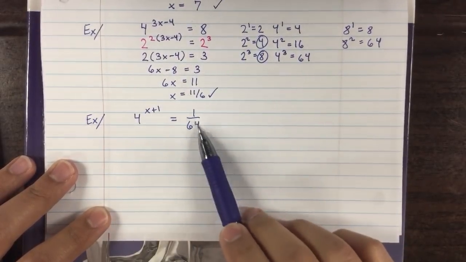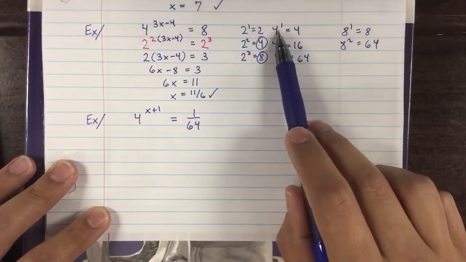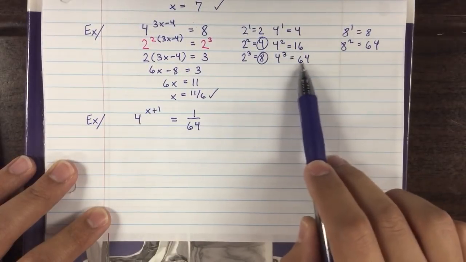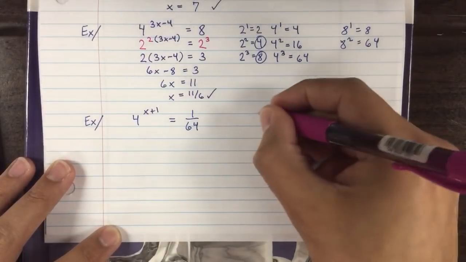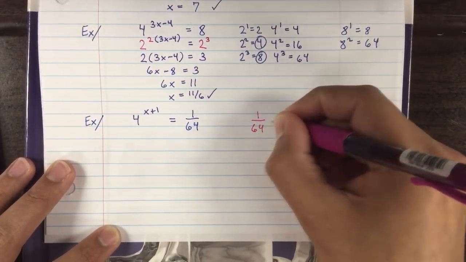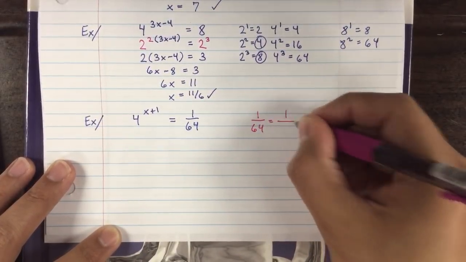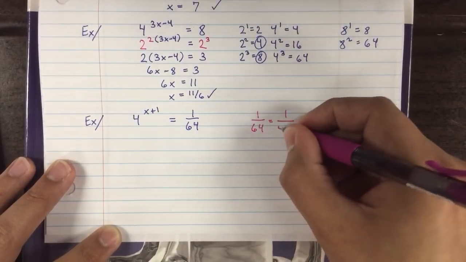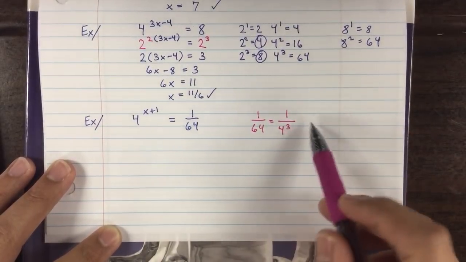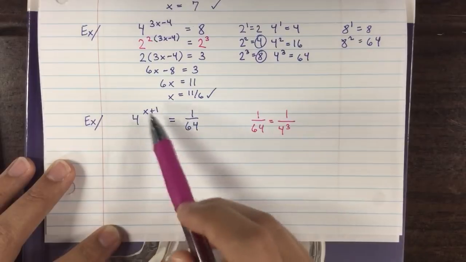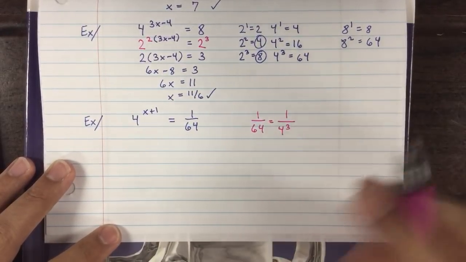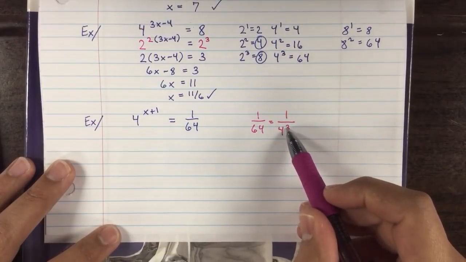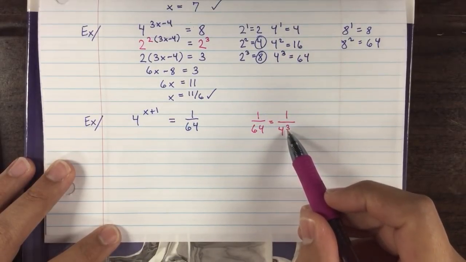But now we have 64. If I do my 4s, I get to 64. So this guy here, I'm going to write it off to the side. 1 over 64 is the same as 1 over 4 to the 3rd. This is a fraction, this is not. Okay, this is where we're going to use our negative property. If we have a fraction, I know that this power should be negative.